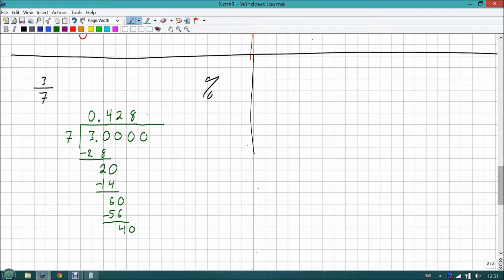Well, 5 times would give me 35, 6 times would give me 42, so it would have to be 5. 5 times 7 is 35. And now I've got 5 down there, so how many times does 7 go into 50? 7 times 7 is 49.